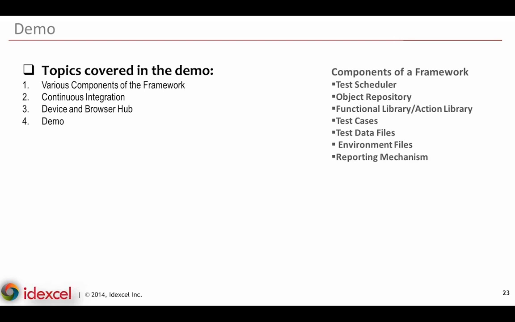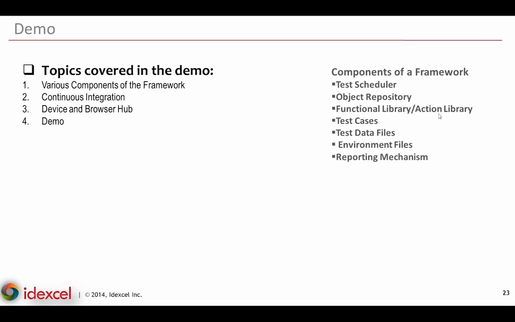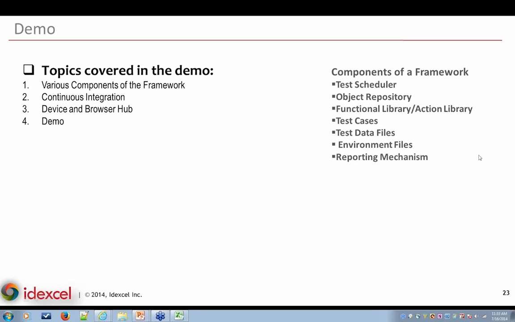We'll also look at the continuous integration, and we'll be looking at the device and browser hub, and a short demo of how everything works in a collaborative manner. So now I'm going to pass the control to the technical team, who's going to walk us through the webinar, the demo part.